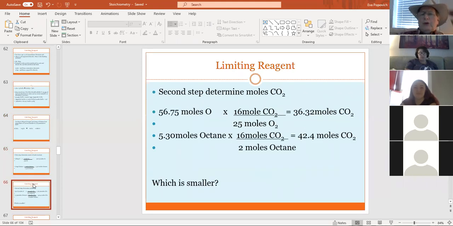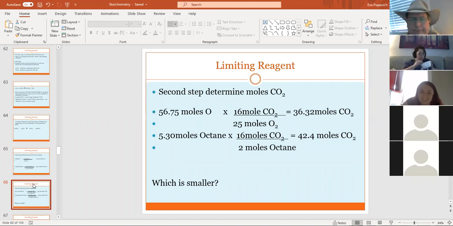So if we do those two molar ratios out, lo and behold, from our 56.75 moles of oxygen, we can only make 36.32 moles of carbon dioxide. From our 5.3 moles of octane, we can make 42.4 moles of carbon dioxide. Now, Kaylin, which one is my limiting reagent? The top one.